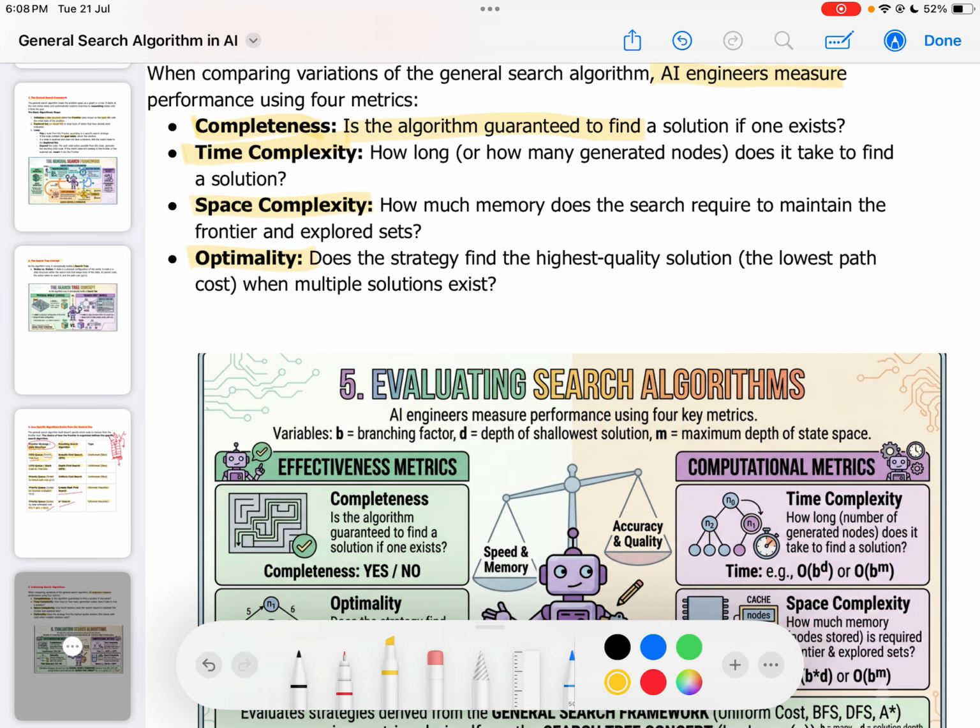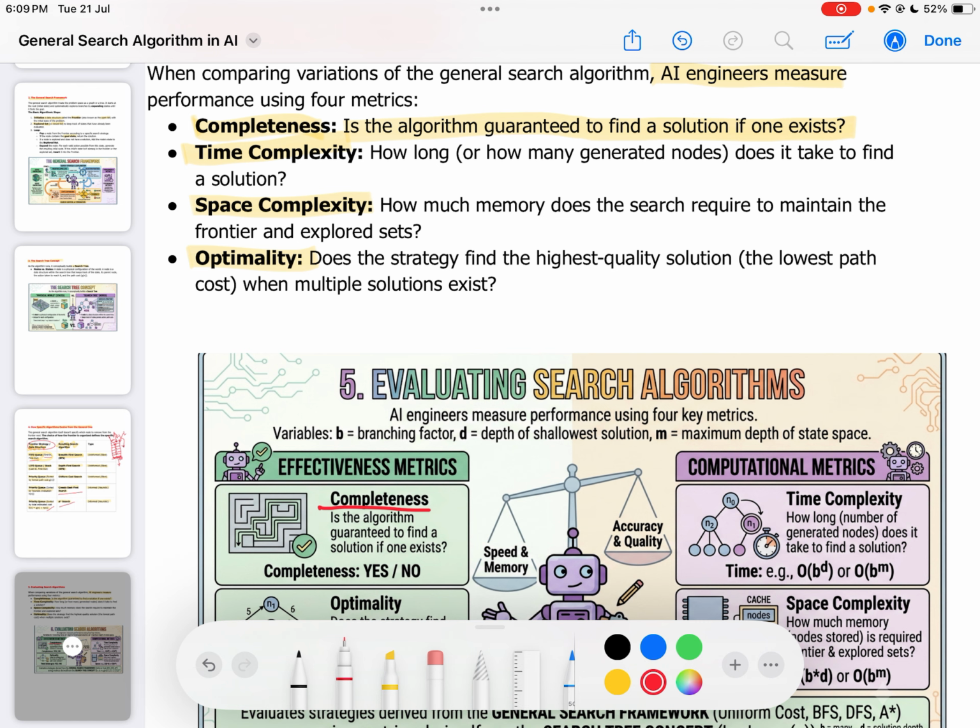Is the algorithm guaranteed to give a solution for us? Will it find a solution? Will the search give a solution? Of course, that's a basic thing. You ask an AI and it should give a correct answer. So that is a guaranteed solution to a search problem. That is the completeness. That's the first thing.